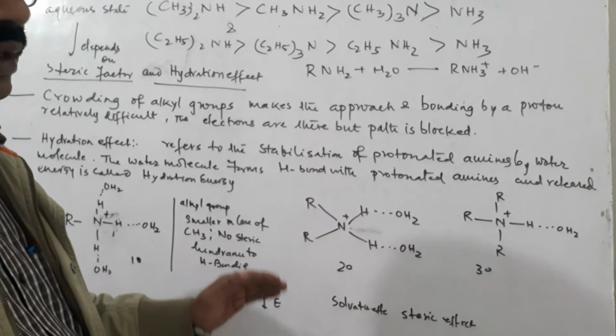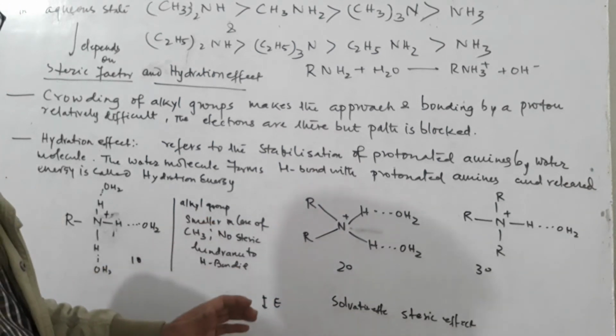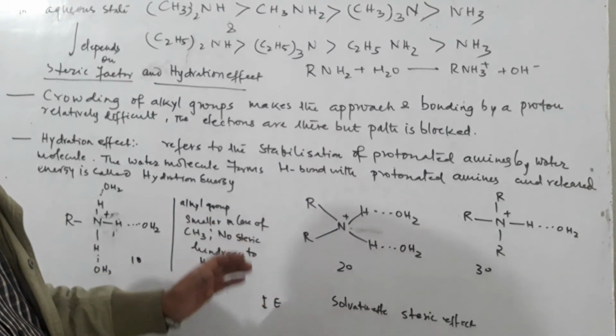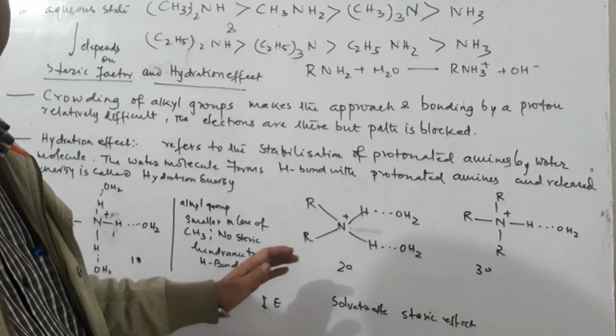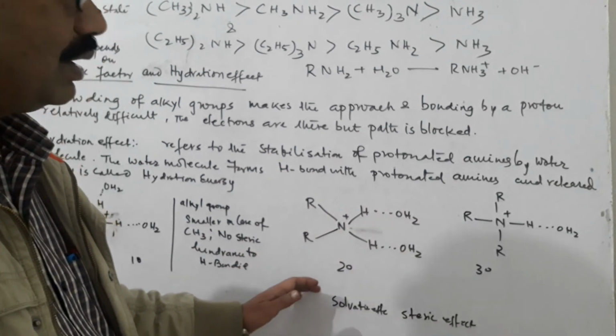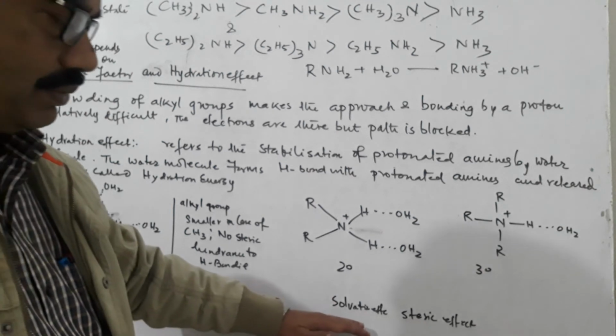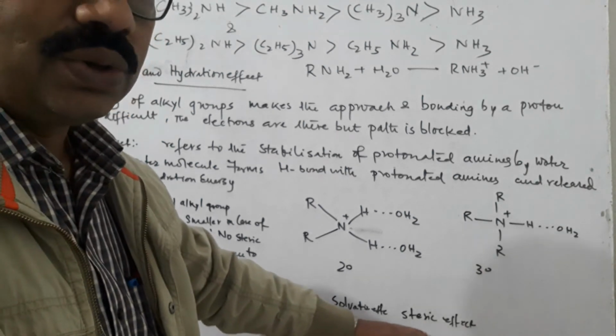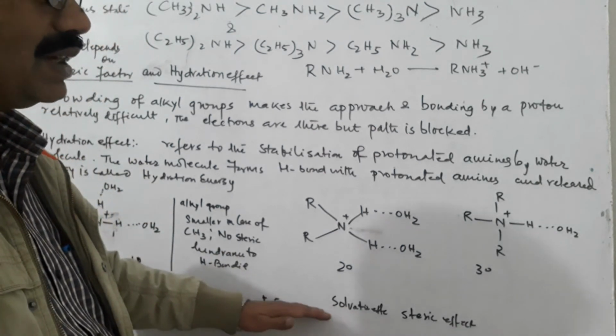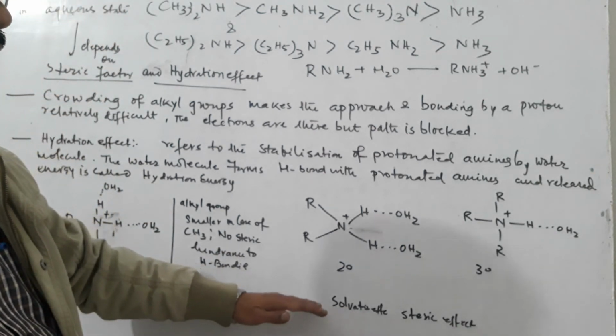So not solely the solvation effect or the steric effect or the inductive effect determines the basicity of an amine; rather we have to consider the inductive effect, solvation effect and steric effect together to describe the basic property of an amine.